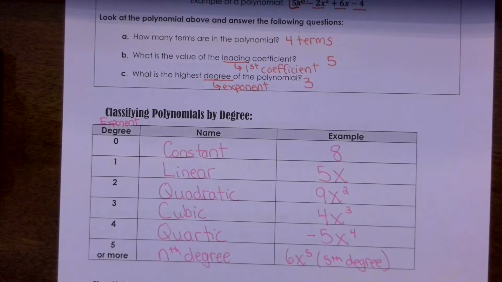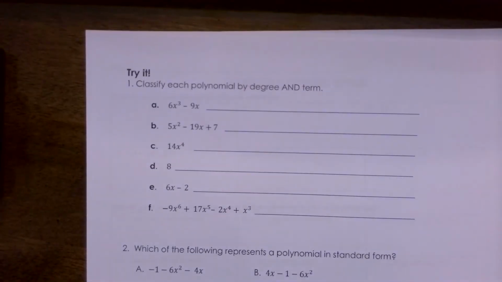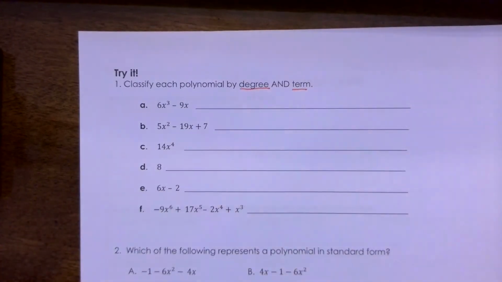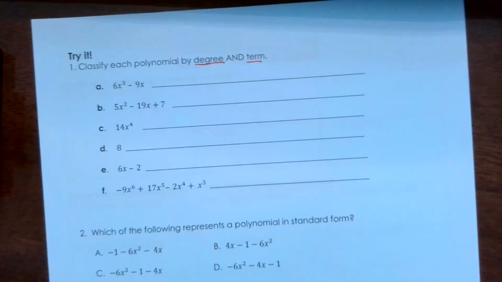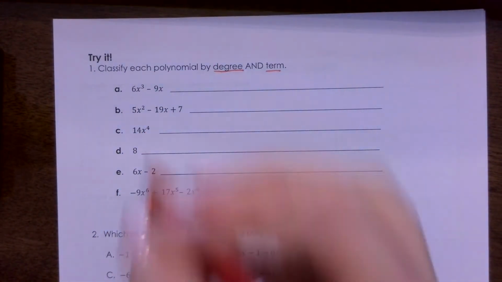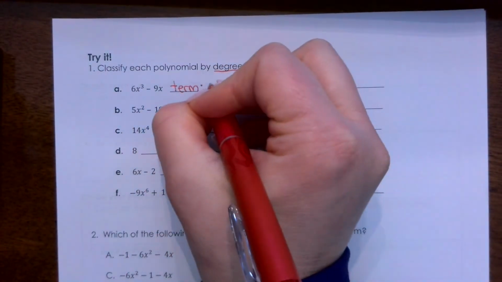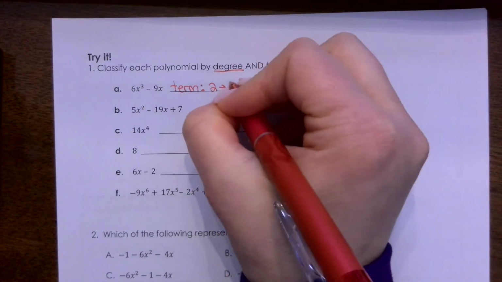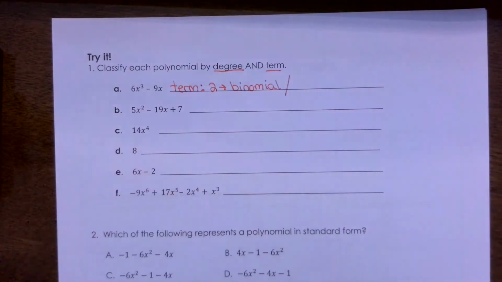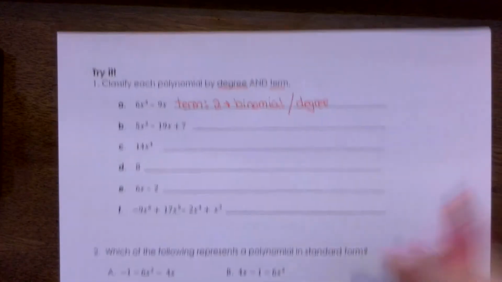I go to page 21 now. We are going to classify the following by degree. So we're going to look at those exponents and term. 6x cubed minus 9x. I can see very clearly when I classify this by term that there are two terms, right? And that is a binomial. When I look at the degree, I'm looking for the highest degree.